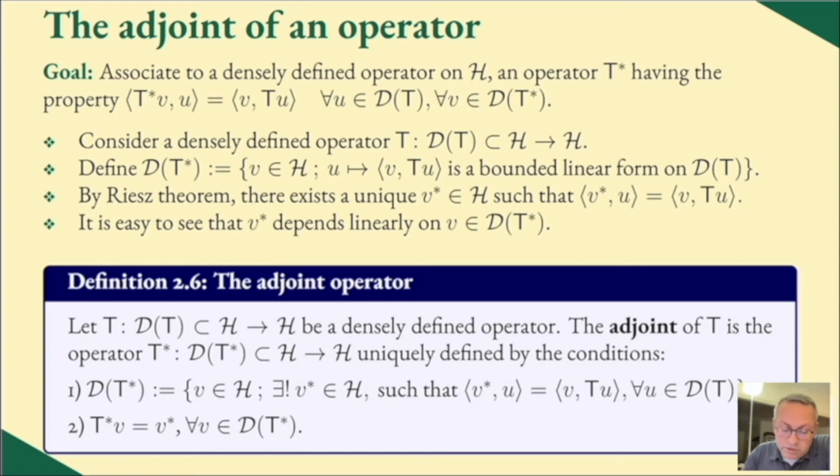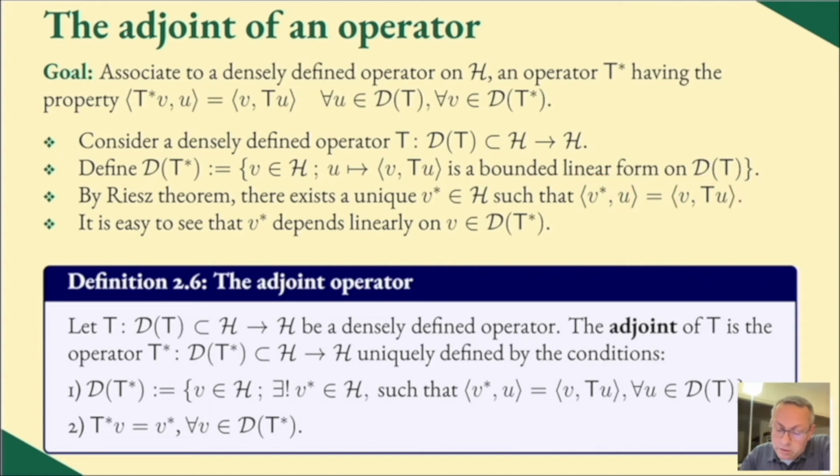And it's easy to see that it is also a linear subspace of H. So we define this linear space in the following way. Then, well, this is a bounded linear form on a dense domain. So we know that by Riesz's theorem there exists a unique vector that I call v star, such that the value of the linear form on u is given by a scalar product, right?